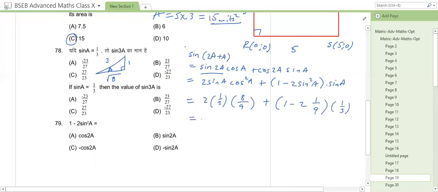Simplifying, 2 times 8 is 16 over 27, plus 1 minus 2 over 9 is 7 over 9, times 1/3, so 16 plus 7, which is 23 over 27. Yes, we do have an answer, which is that. Right, 1 minus 2 sine squared A, that's straightforward, cos 2A.